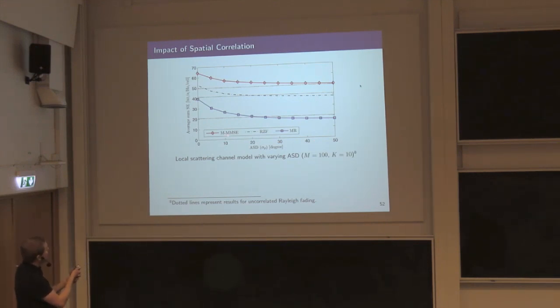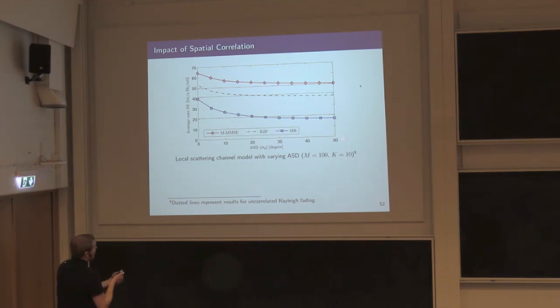And we looked at 10 degrees previously. I look at the multicell MMSE, the regularized zero forcing, and the maximum ratio case. And these dotted lines here are what you get with uncorrelated Rayleigh fading, so no correlation at all. 100 antennas, 10 users, and I think I chose a pilot reuse factor of 2 here.